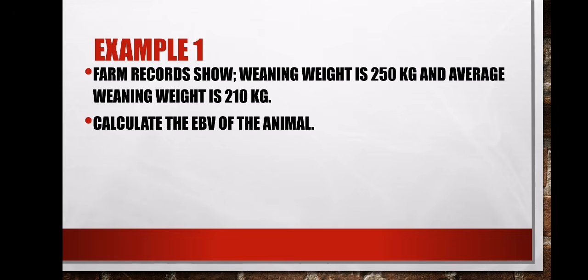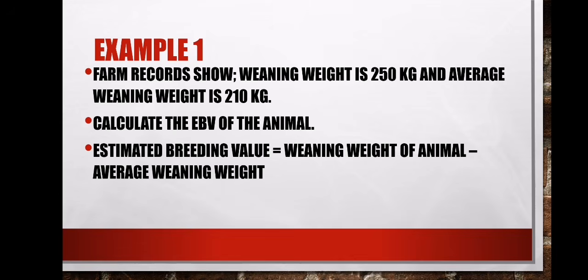They just say calculate the EBV of the animal. So once they say that, we choose the formula. It means we will use formula number 1.